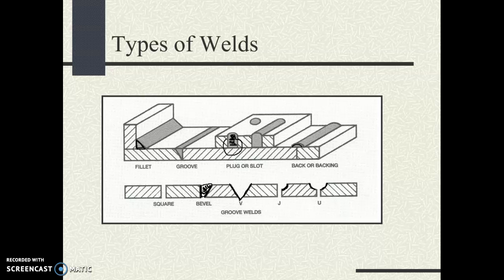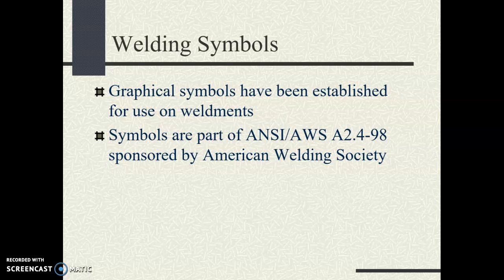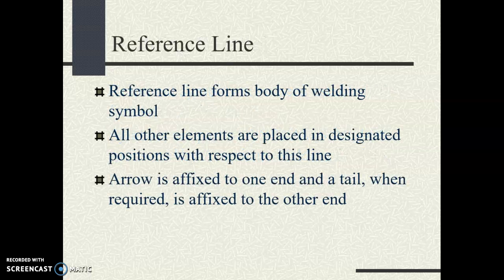So, as I said, the purpose of this class is not to teach you how to become a welder, but instead, we're just interested in creating and reading the weld symbols. So, these symbols are created by the American Welding Society, and in its simplest form, a weld symbol is a reference line with an arrow pointing to the weld.